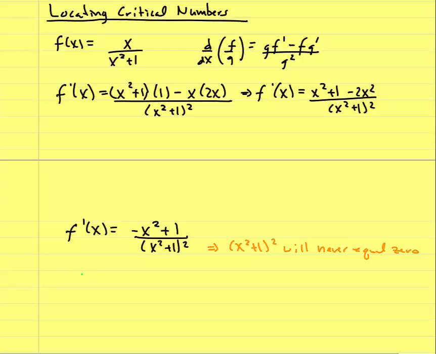Now I can say, okay, let's take this and set it equal to 0 and see what we can figure out there. Well, if we take this derivative, f prime of x equals negative x squared plus 1 over x squared plus 1 quantity squared. If I set this equal to 0, the first thing I would do is clear this fraction by multiplying both sides through by x squared plus 1 quantity squared.